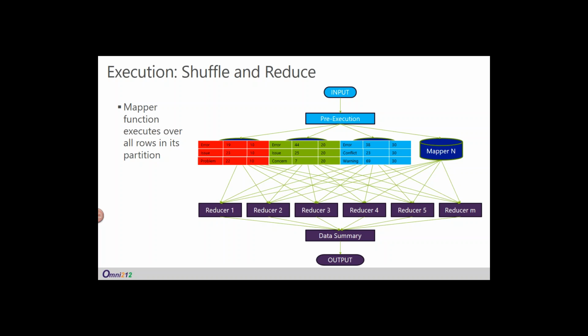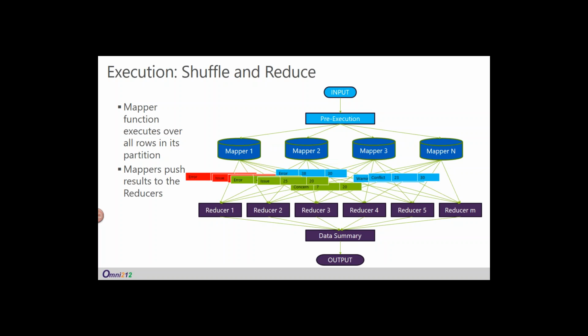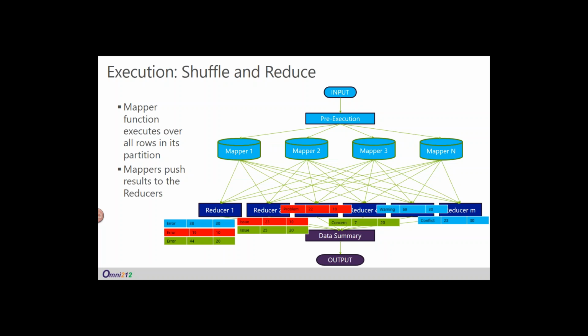The mapper then pushes the result of the count per keyword to the reducers. The reducer then processes the output from the mappers. The tasks assigned to each of the reducers are shuffled from the mappers. So, for example, reducer 1 will get the task of collecting and counting the number of occurrences for the word error.